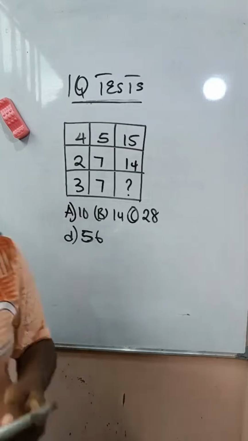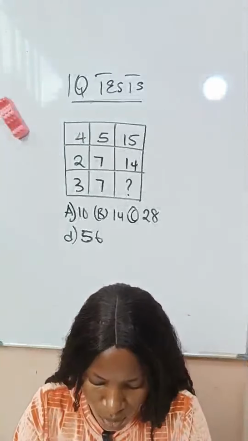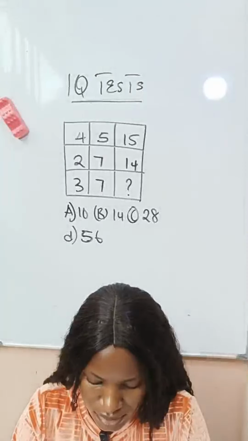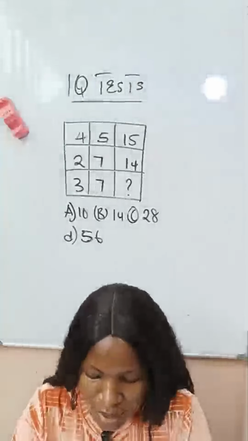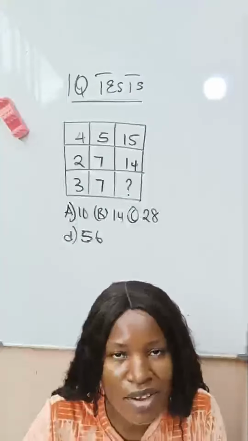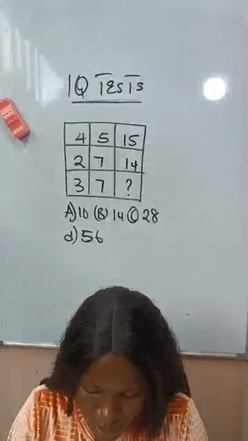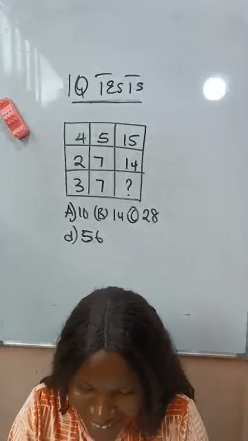Let's go, friends. Jugu, don't tell us how you got it. Everybody will think and see if they will get it by themselves. And how sure are you that your answer is correct?